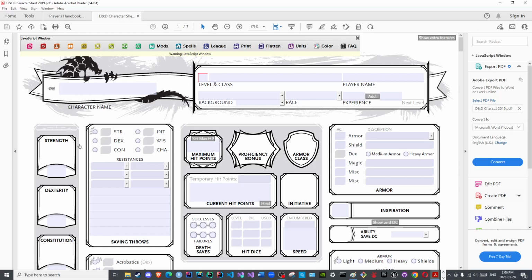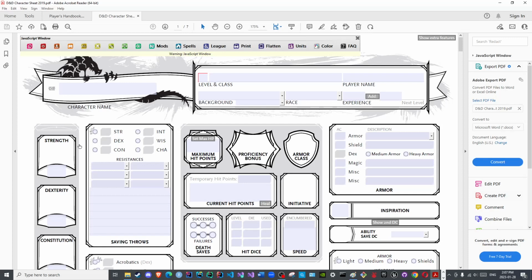So we will discuss the character creation, but also the mechanics associated with it. That way, when you create your own character, you are also aware of the functionalities of each aspect of the character sheet.